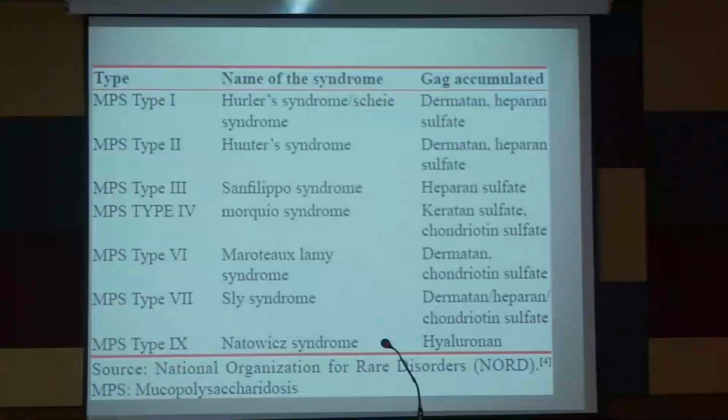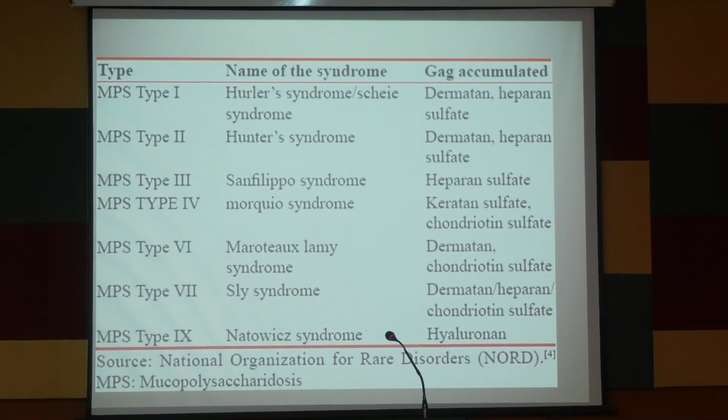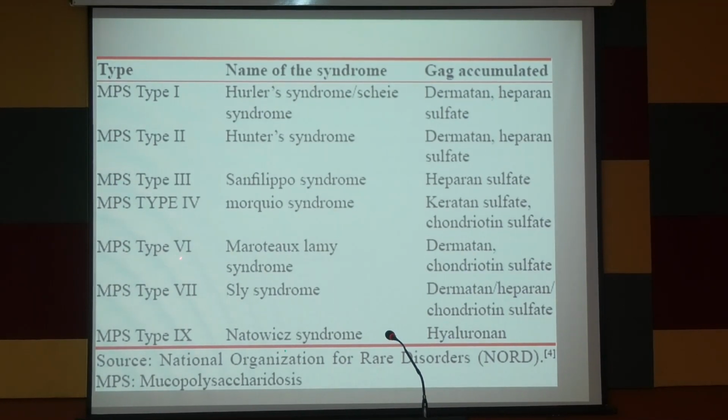Now we differentiate them, with detailed symptoms. Can you remember this one? The National Organization for Rare Disorders lists type 1, type 2, type 3, type 4, 5, 6, 7, 8 is missing, then 9. Hurler syndrome, Scheie syndrome.